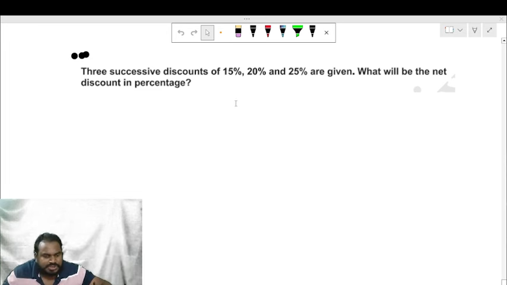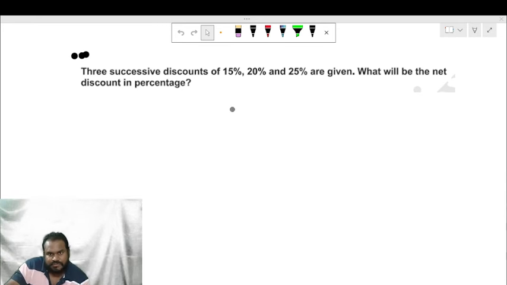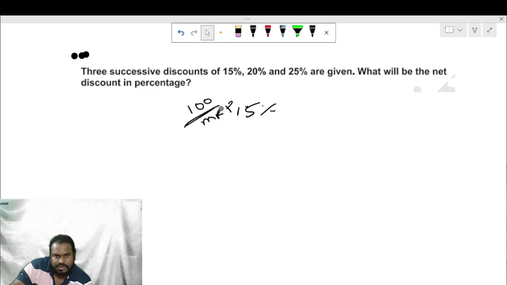Okay, three successive discounts of 15, 20, and 25% are given. What will be the net discount? So we have taken 15%. We are assuming the MRP is 100 rupees, and 15 rupees is deducted from it.